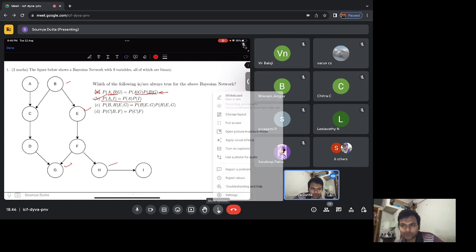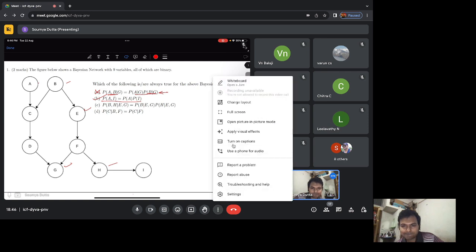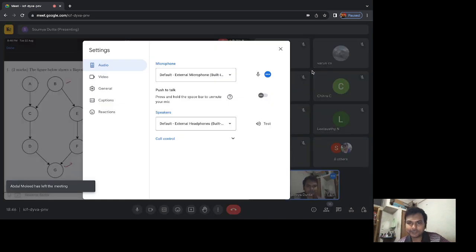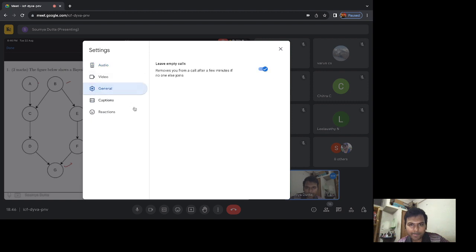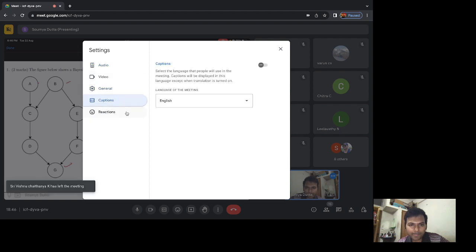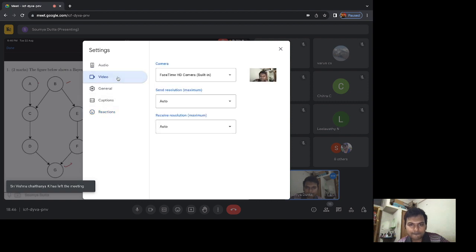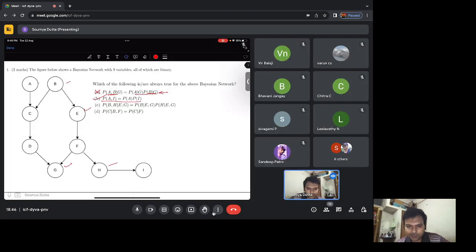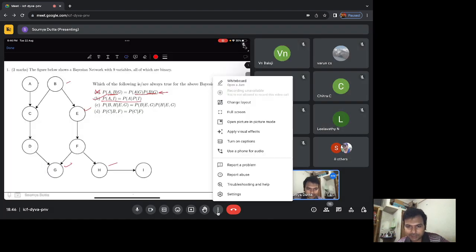I don't know how to do this. Settings, just give me a minute, let me see if I can disable. No, it seems like I am unable to find how to disable that.